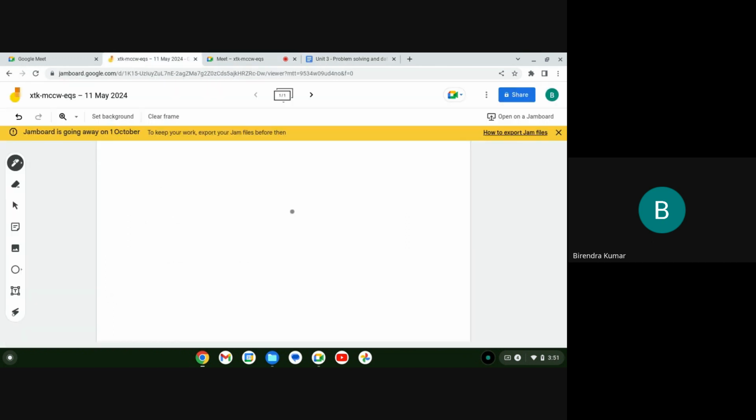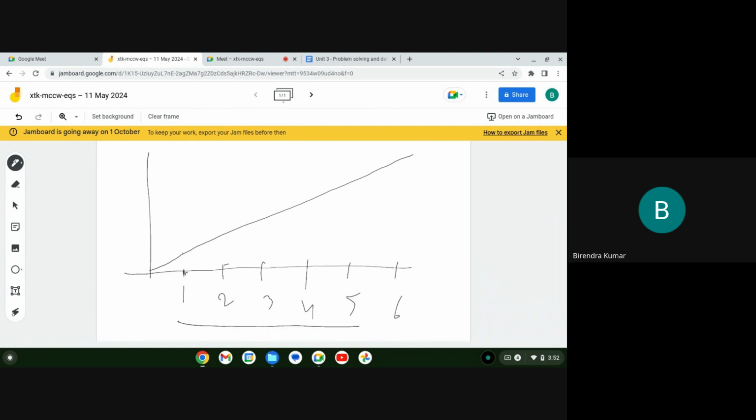So, 1, 2, 3, 4, 5, 6. Let's say these are the number of years that I work, and on the y-axis I have my bank balance, how many dollars I have saved. Okay, 100. This is 200. This is 300. This is 400.